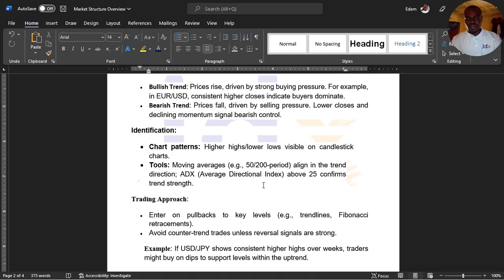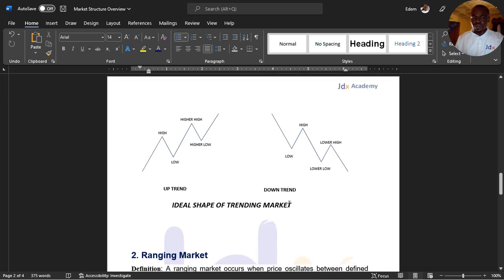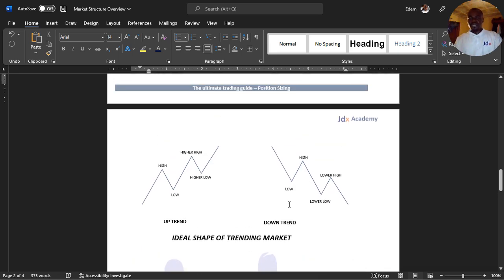Or you can also use the ADX, the average directional index, where a reading above 25 confirms a strong trend. This is how to approach the market, though it is not so much of our concern for now. So this is what a trending market looks like.